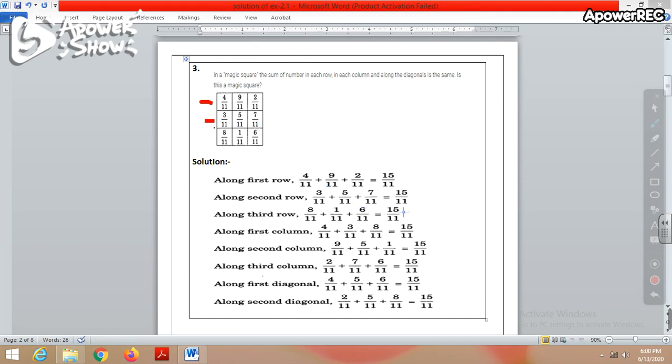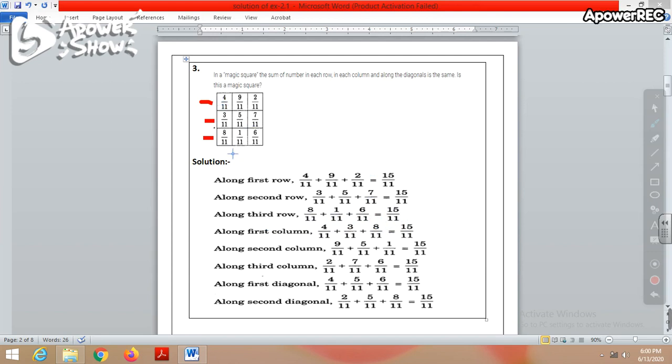Again you get 15 by 11. Now along our third row, 8 by 11 plus 1 by 11 plus 6 by 11. So 8 plus 1 is 9 and 9 plus 6 is 15. So 15 by 11. The denominator is not changing because these are like fractions.